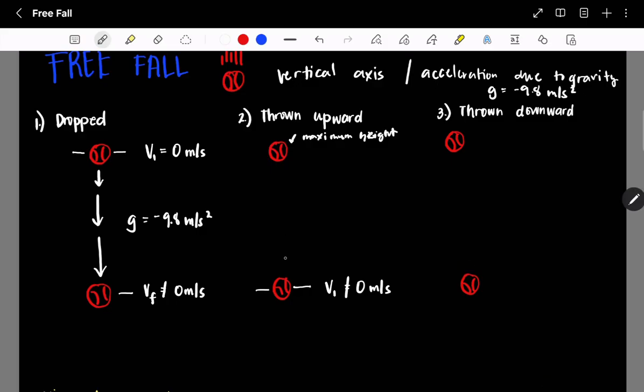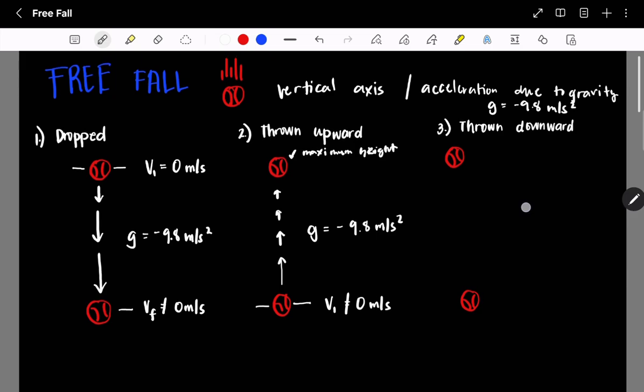But then, as it goes up, its velocity will slowly decrease because of the acceleration due to gravity that is pulling it down, which is again negative 9.8 meters per second squared.